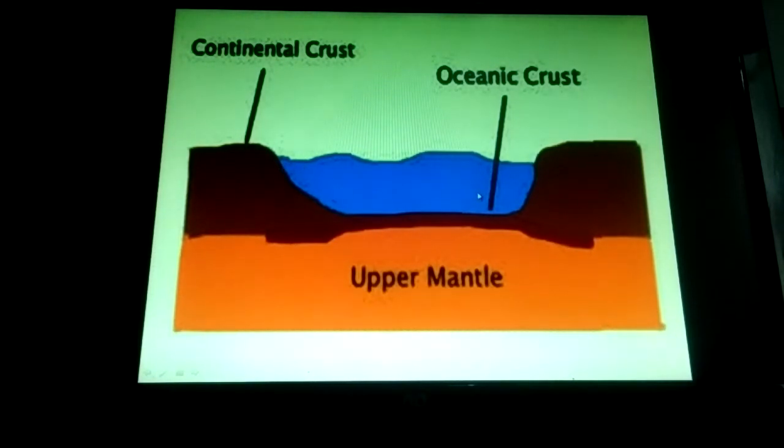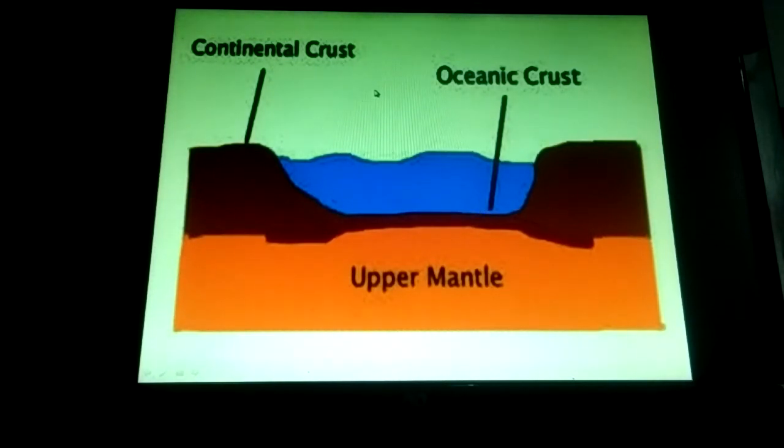Oceanic crust is composed mostly of dense rocks such as basalt.